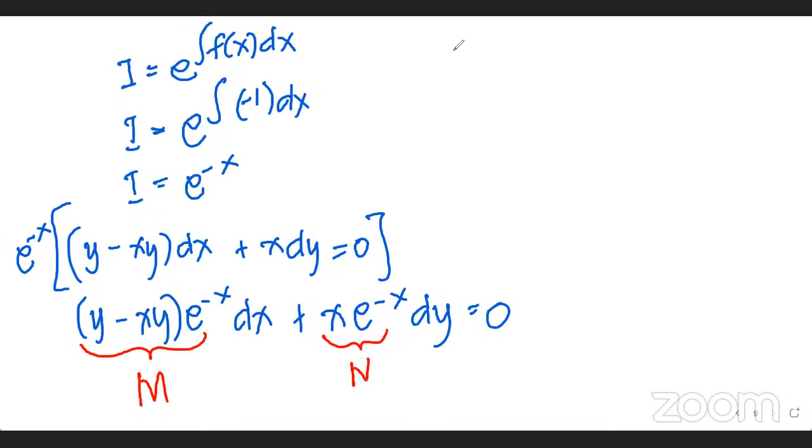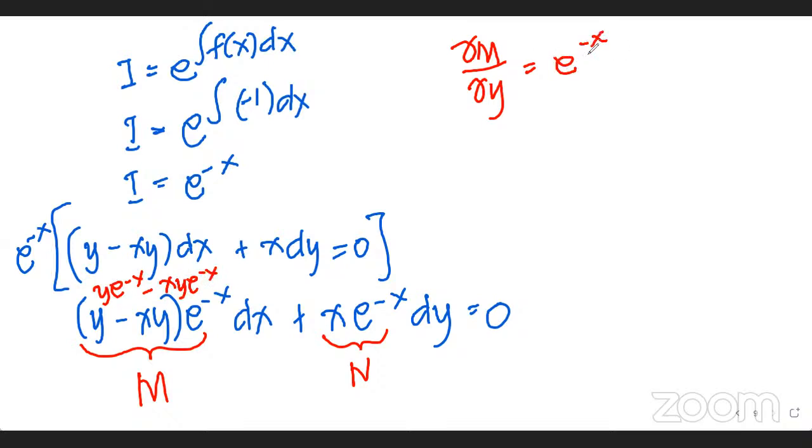So we take the partial derivative of m with respect to y. Yan, pag ganon, x will be held constant. So dito, sa unang term, if you distribute na ngayon yung e raised to negative x, so magiging siya, y e raised to negative x minus xy e raised to negative x. So differentiating this, e raised to negative x is held constant.